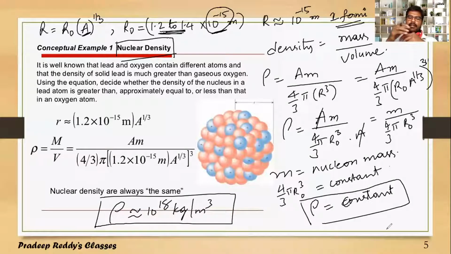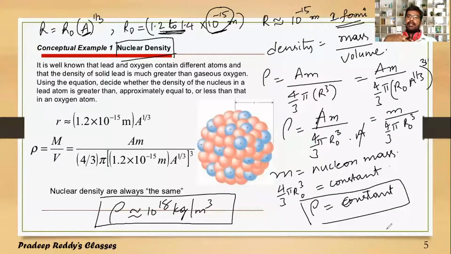Density of water is 1 gram per cc. It is 1000 kg per meter cube. So the density of nucleus is 10 power 15 times greater than the density of water. So out of all matter in the world, the density of nucleus is the maximum value.